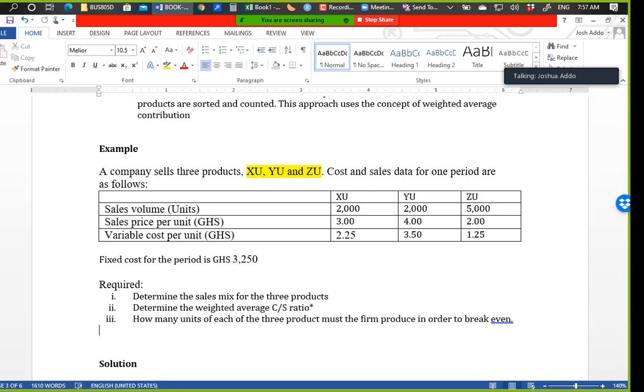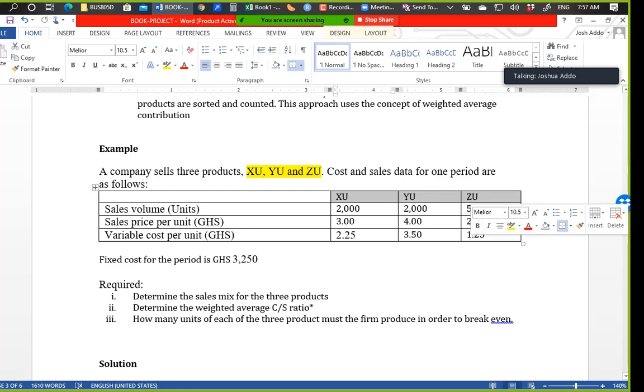So that period can be a month, it can be a year, are as follows. So between Zoo, U, and Zoo, we have this sales information, which can help us compute the sales mix between them. Sales volume in units: 2,000, 2,000, 5,000.